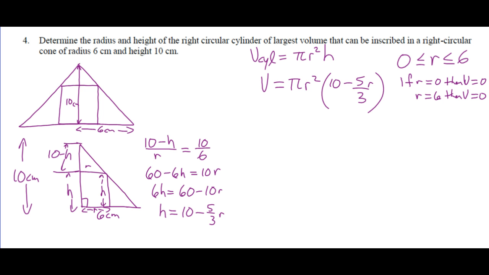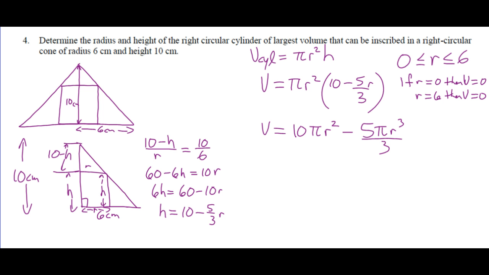All right, so let's clean up the volume here. Multiply through by pi r squared, so that's 10 pi r squared minus 5 pi r cubed over 3.